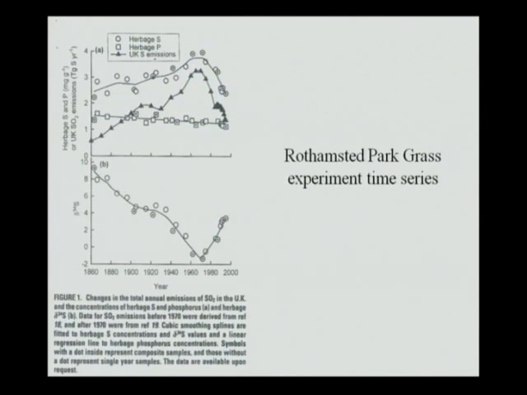It's depleted. There was no fertilizer, but the depletion is small. The sulfur content in the plants follows approximately the sulfur emitted from the coal. Goes up, goes down.